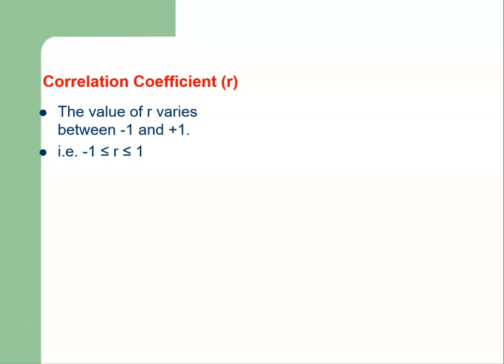That is, the value of r ranges between -1 and +1, and both -1 and +1 are inclusive of this range. So it means that r could be -1 and r could be 1, or r could be 0, or it could be greater than 0 but less than 1, or it could be less than 0 but greater than -1.